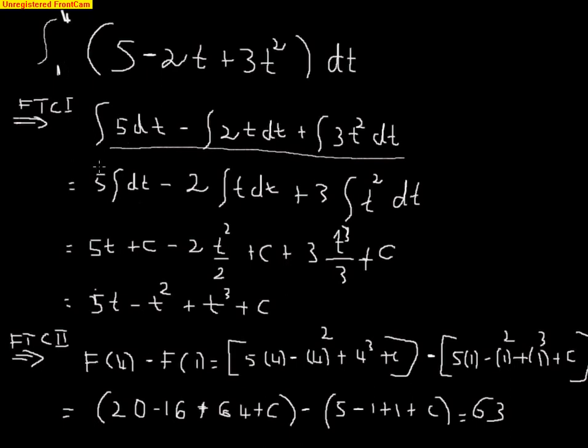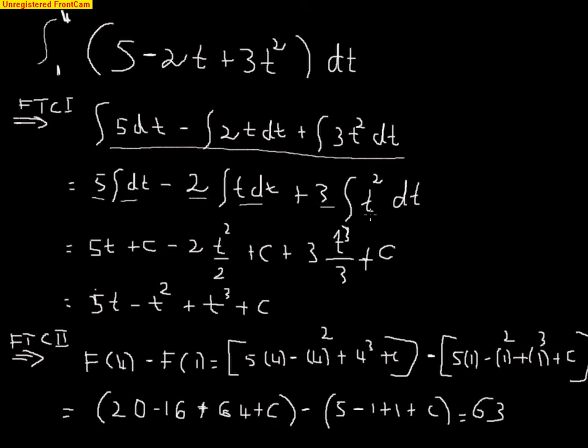So we're going to take the integral of 5 with respect to t, minus the integral of 2t with respect to t, plus the integral of 3t squared with respect to t. And as we learned, the integral of a constant times a function is the constant times the integral, so we take all the constants out, 5, 2, 3, and then we have this.